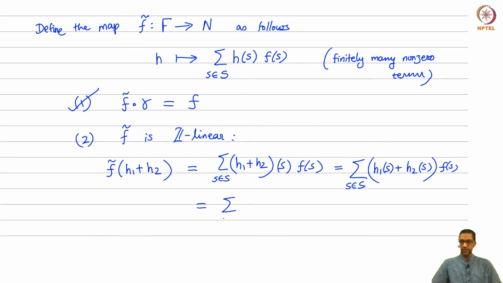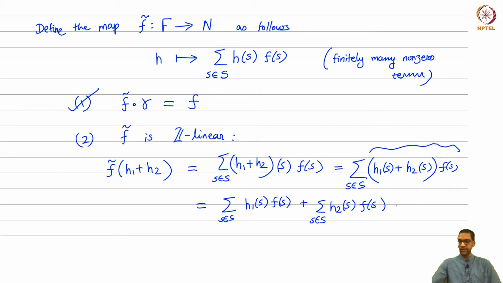This is now the summation of h1(s) f(s) plus h2(s) f(s). Here I am using the fact that all of these are elements in the Z-module N.